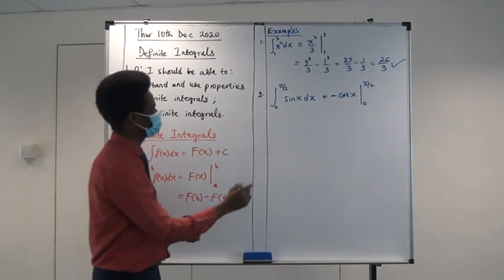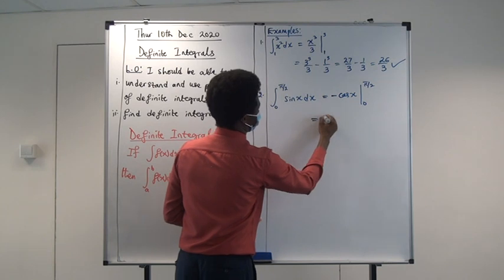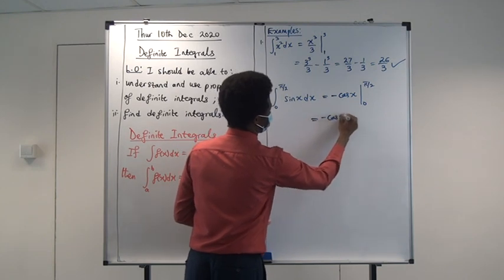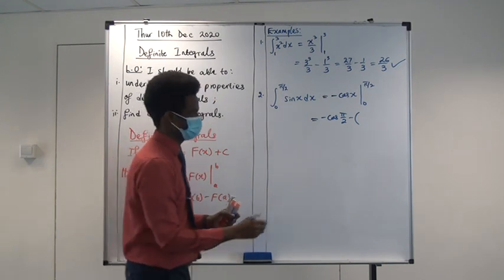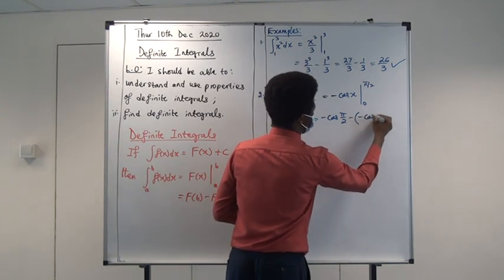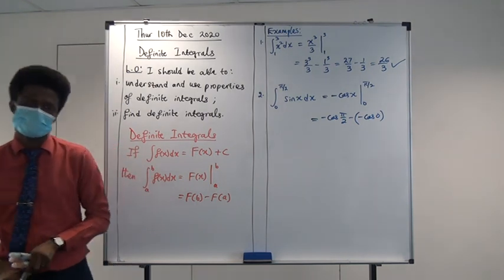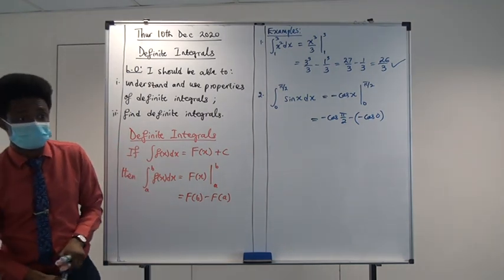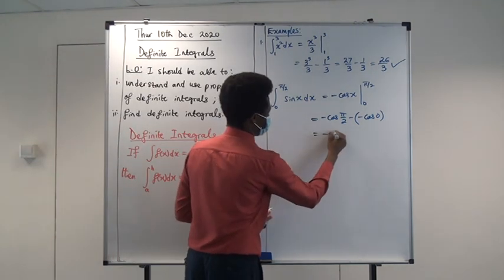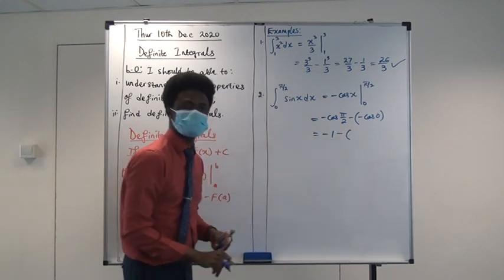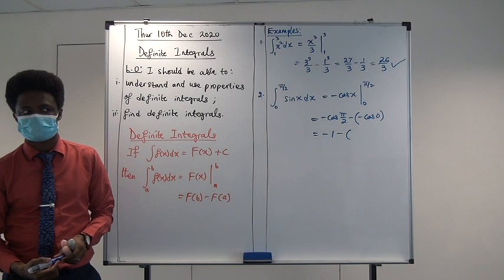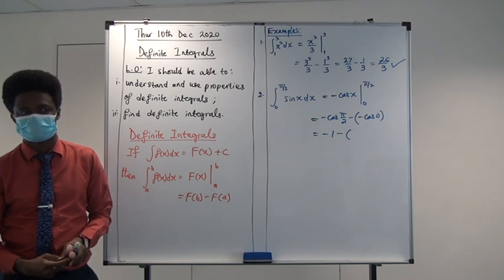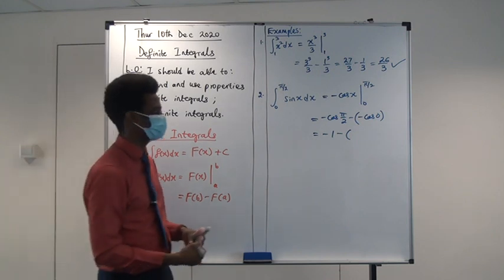So again, we substitute. For pi over 2, you get minus cos pi over 2. The minus, can you see? I put a bracket. Minus cos what? 0. Now what is cos 90? That's 1. So this is minus 1 minus, what is cos 0? Cos 90 is 0, not 1.